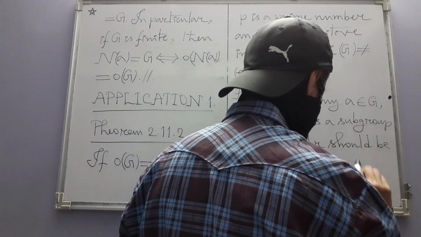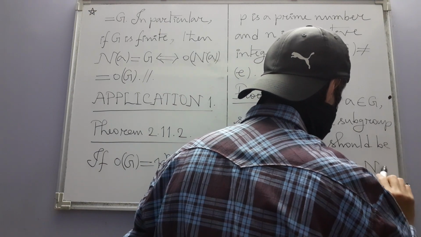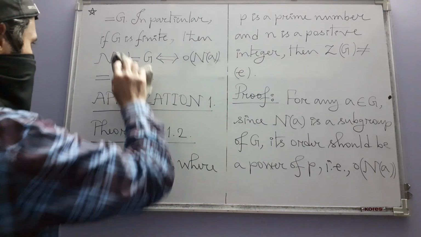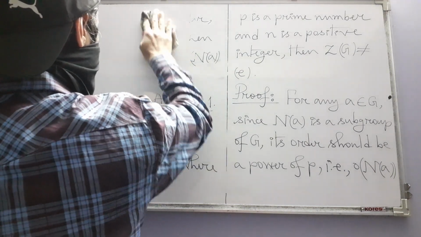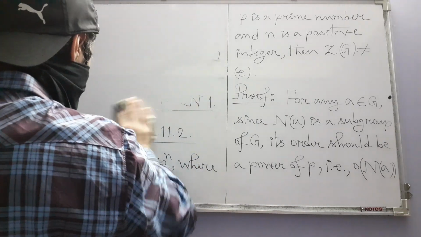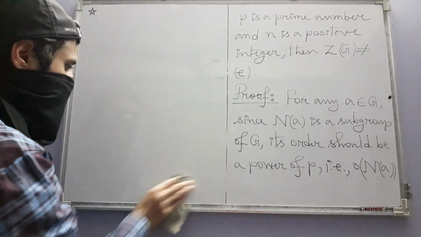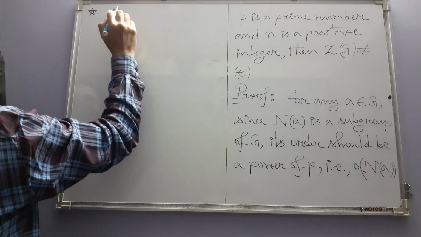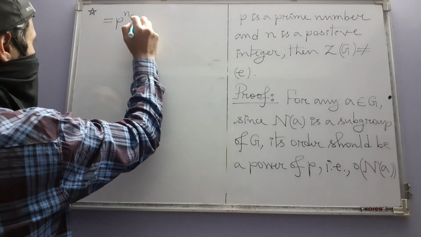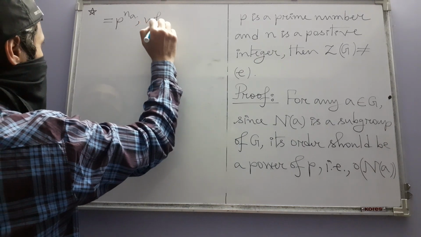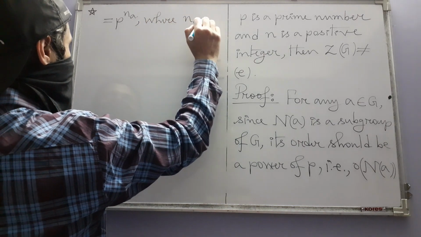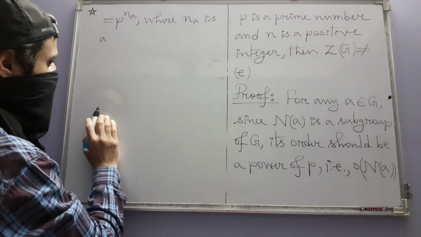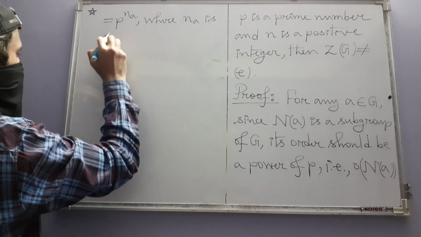More specifically, the order of the normalizer of A should be of this form: p to the power NA, where NA is a non-negative integer. We cannot take positive.